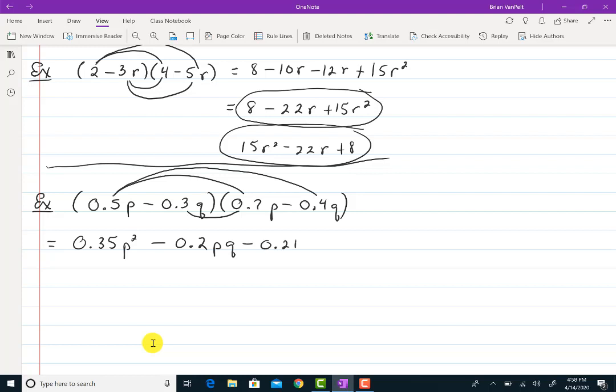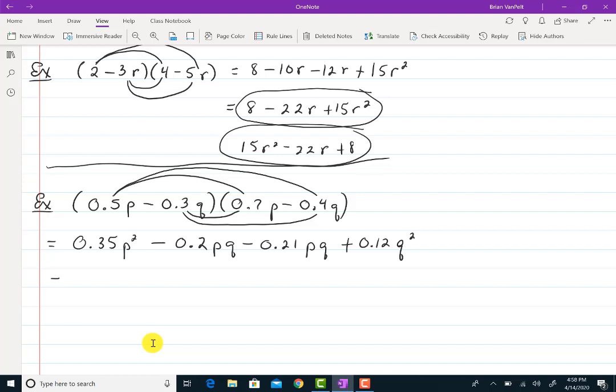And once again, I have a PQ. I have QP actually, but I can reverse it and make it PQ. And then the last, this to this, 0.3 times 0.4 is 0.12. It's going to be positive 0.12, and Q times Q is Q squared.